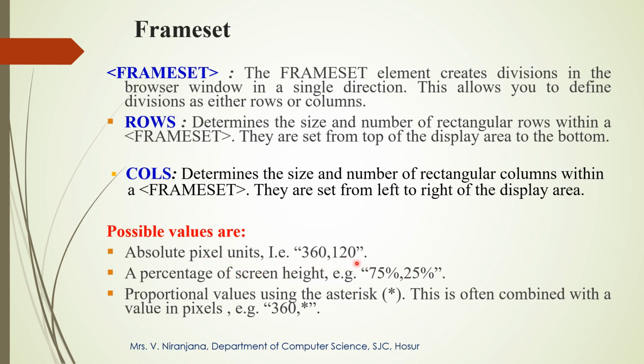As pixels you can give, or you can give as percentage. There is 75, 25, 50, 50, like that. Percentage of window space you can give, or proportional values. Proportional values means you can just give one pixel as 360 and the next one you can just include an asterisk so that the remaining will be covered by the next frame.